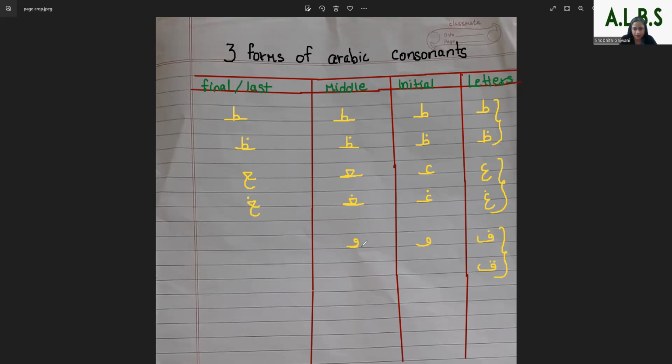The middle one has the tails on either sides, and the final one is the structure itself. Now same like Fa, here I'm writing the same structure for Qaf. And here also the letter itself.